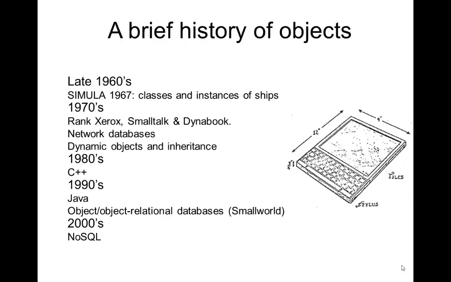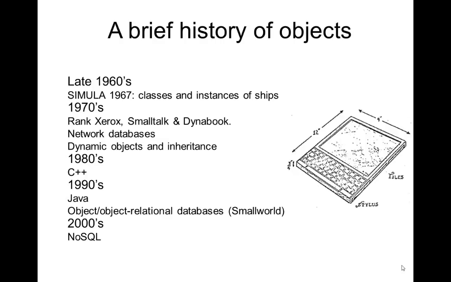Then in the 1970s, the idea was picked up by Rank Xerox at Menlo Park in California, where they're based, and they developed a language called Smalltalk, which was the first real object-oriented programming language.